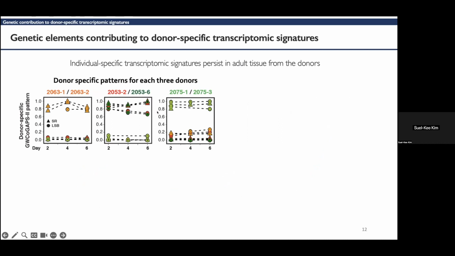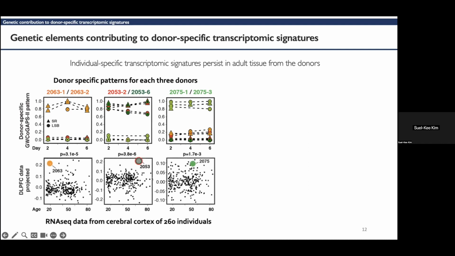Then we projected RNA-seq data from the cerebral cortex of 260 individuals into the donor-specific patterns that we defined using pluripotent cell data. And this demonstrates that these donor-specific signatures were also present in the corresponding donor's adult tissue.